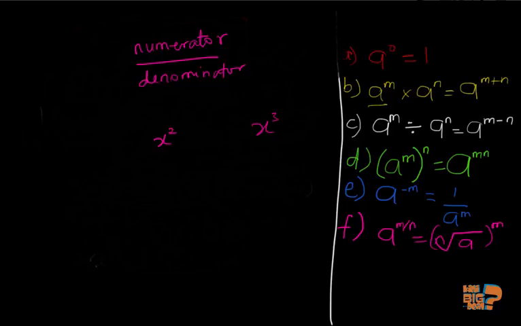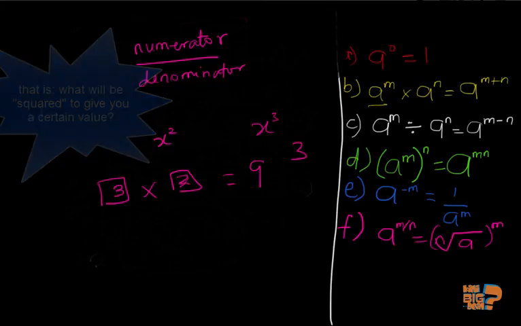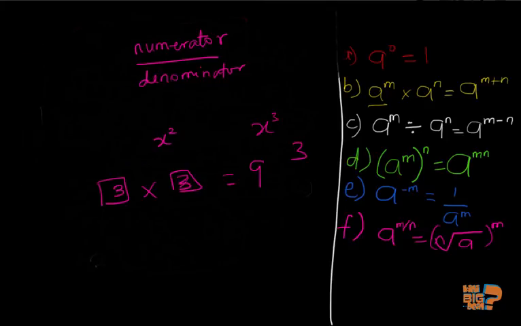So if someone tells you to find the square root, it means what will be multiplied by itself twice to give you the same number. So square root of 9 will be 3 because it is 3 times 3 that gives us 9. But essentially, square root of 9 is actually an invisible 2 root 9.